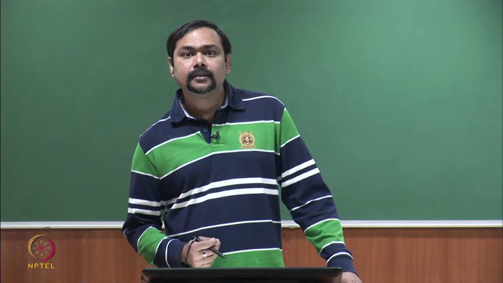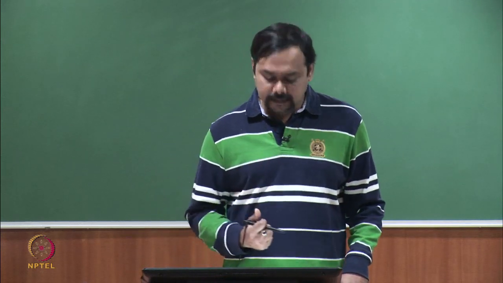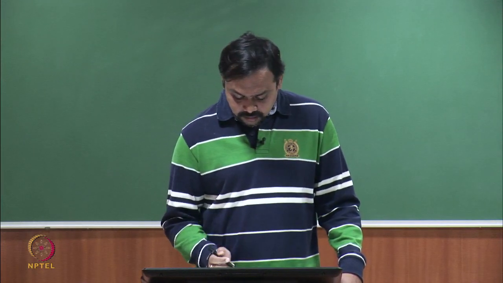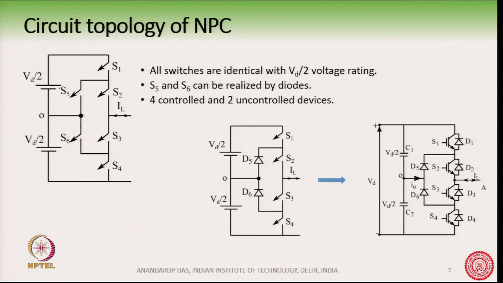Now, later it was also realized that it may actually be possible to have only diodes in place of the IGBT plus antiparallel diode in place of S5 and S6. It is also possible.